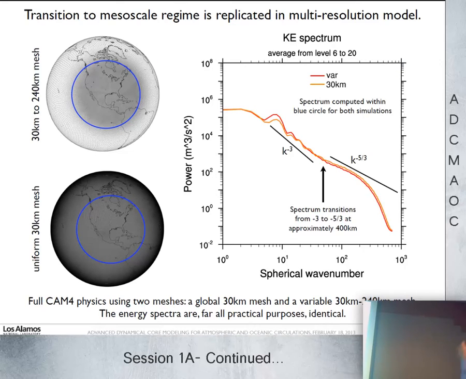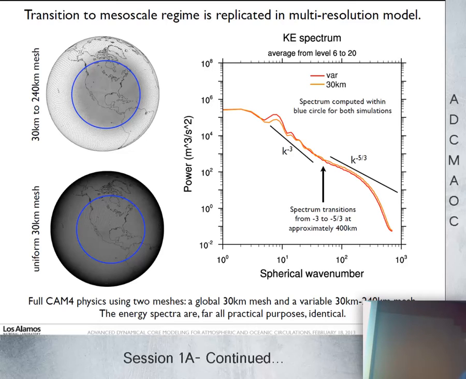So the first question we ask is, how do we deal with the fluid dynamics? Can we represent the fluid dynamics well in this high resolution region? And so what we did is, we computed the kinetic energy spectrum in this high resolution region. Then we took our global 30-kilometer simulation and we pulled out this region, and we computed the kinetic energy spectrum over that region as well.